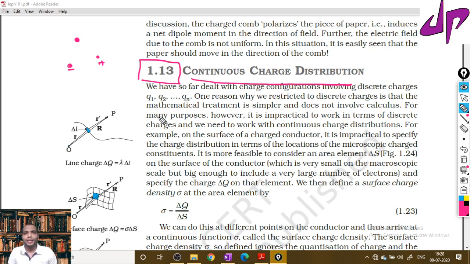So to find out the electric field or force due to this charged object, we need to know the total charge on the object. So in this concept, we would like to find out how we would find electric field or force due to continuous charge distributions, either one dimensional or two dimensional or three dimensional.